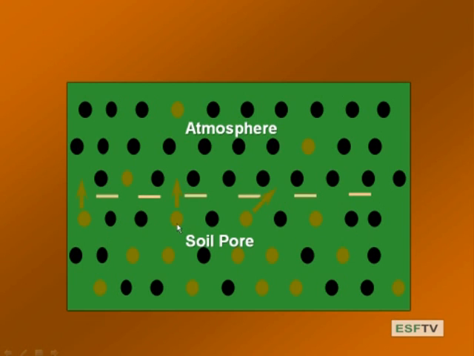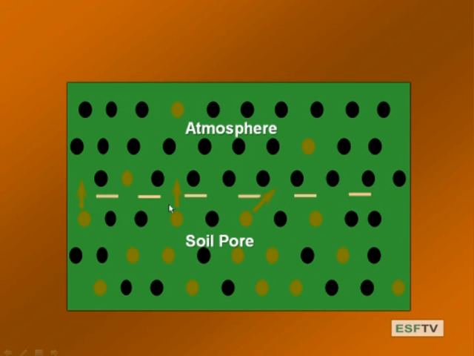Okay, so the concentration of CO2 is higher down here, and so it tends to move from high concentration to low concentration. Just like water, things move from high to low. The same is true of gases. So the tendency is for the CO2 to diffuse out of the soil into the atmosphere, down this gradient, and this attempts to approach equilibrium.